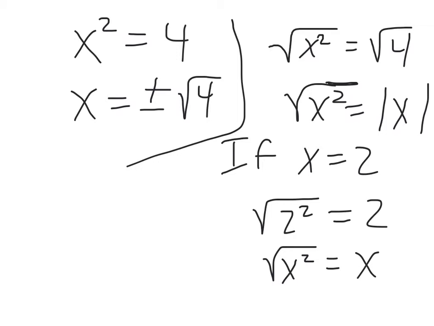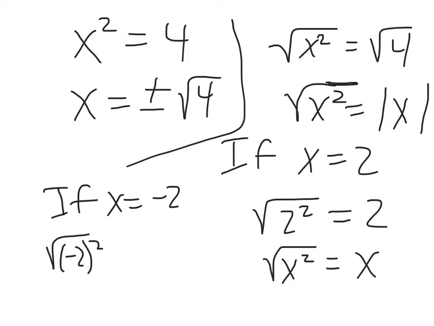But if x equals -2, square root of -2 squared is not -2. Square root of -2 squared is positive 2.